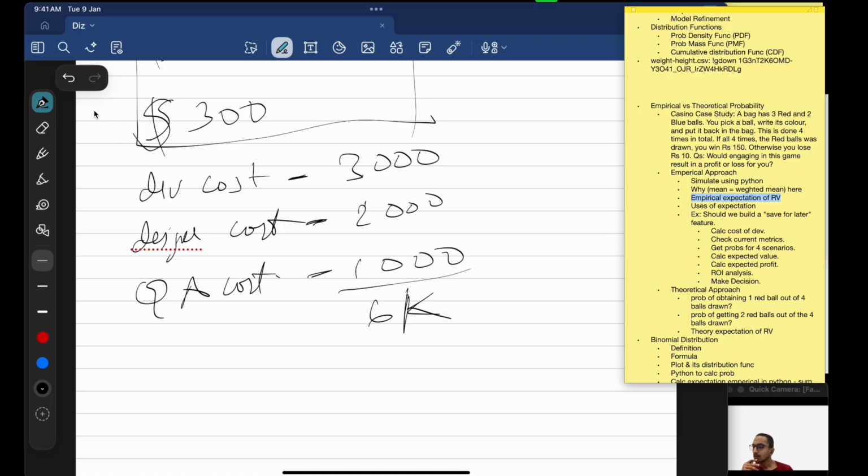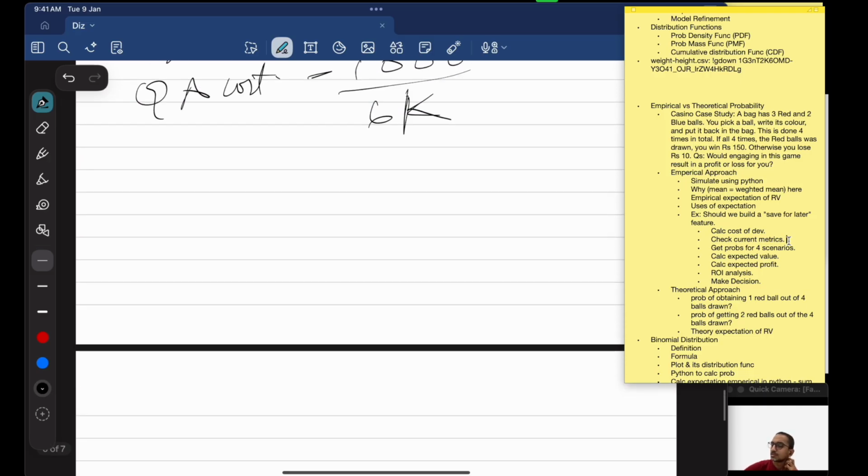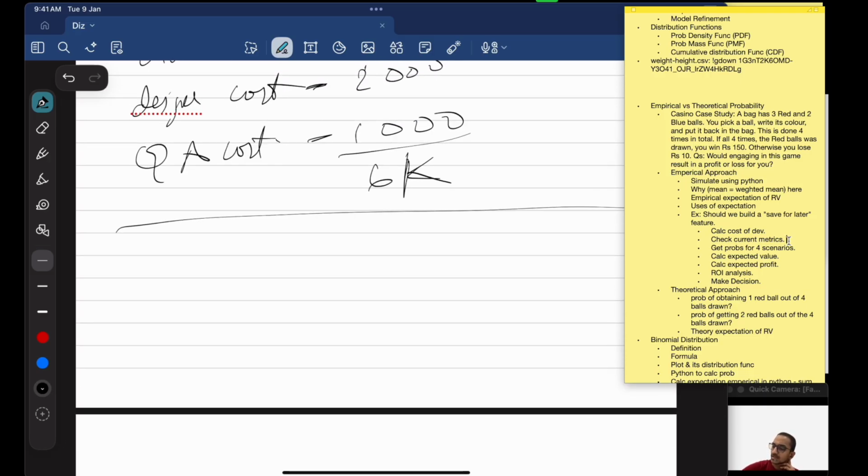Now, so this is the cost of the development. Let's check the metrics of this company. So this company has users around 500K, right? Maybe let's take 50K.